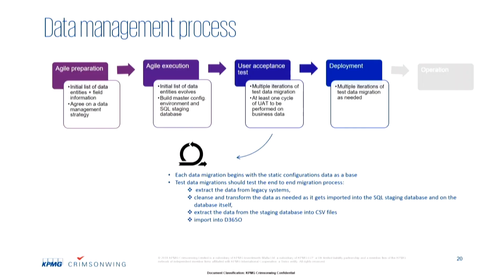This is: extract data from the legacy system, cleanse and transform the data as needed as it gets imported into the SQL staging database. And on the database itself, you can do more cleansing and more transformations. Then extract the data from the staging database into CSV, Excel, or XML files, and then import these files into Dynamics.